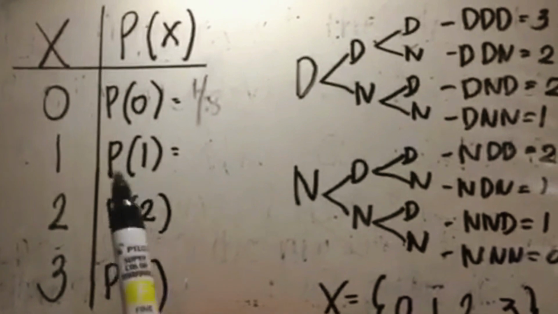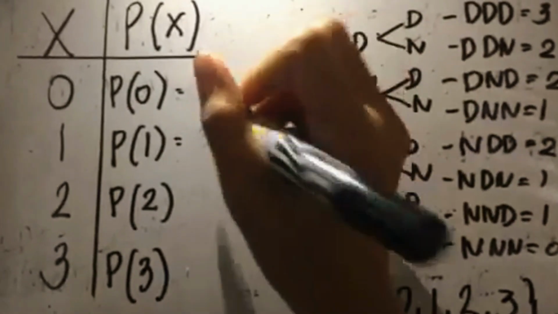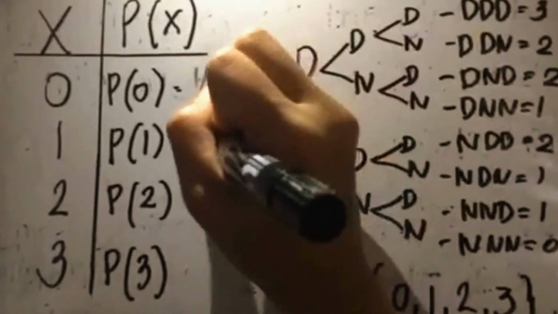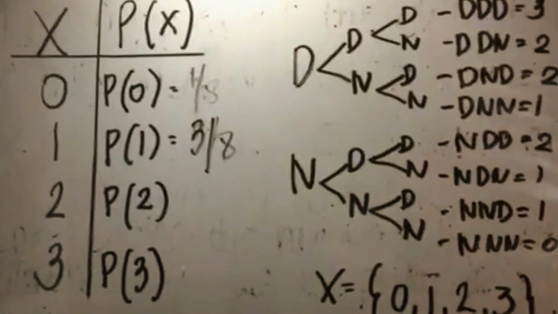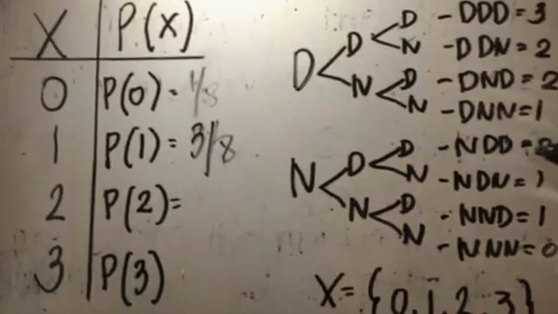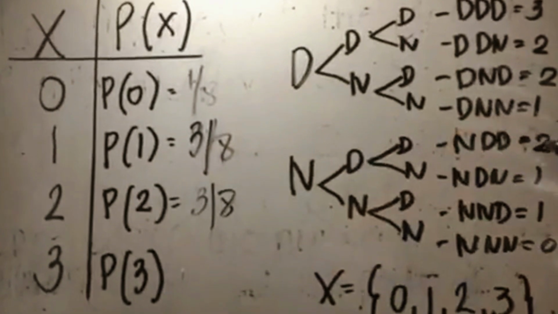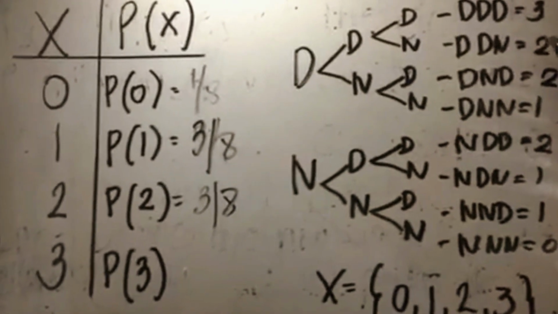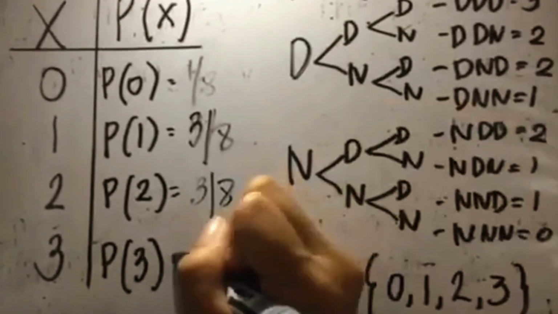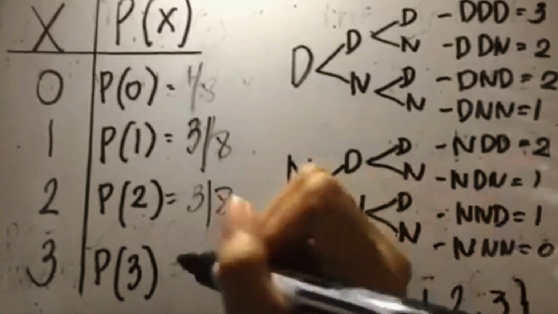The probability of 1 is 3 over 8. The probability of 2 is 3 over 8, since we have 2 here. The probability of 3 is 1 over 8.